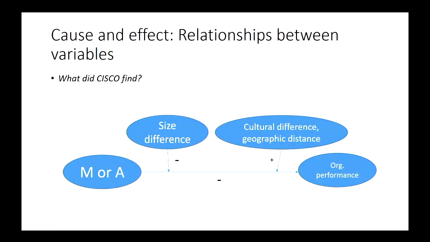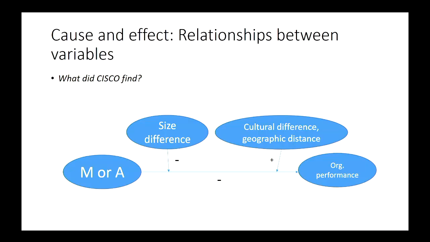You think that if the cultural difference is bigger, companies will be more successful in merging or acquiring. If the difference of size is bigger, it's more likely to fail. If the cultural difference is smaller, it's more likely to succeed. It's based on my experience. That's correct. So if the cultural difference is larger, it's more likely to fail, right?